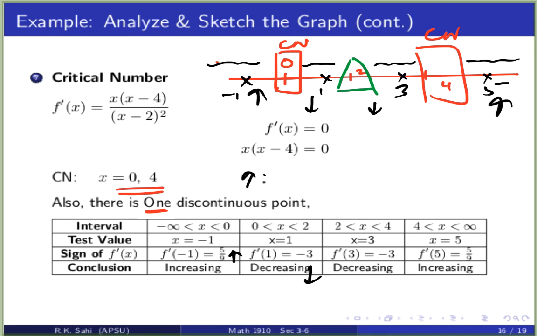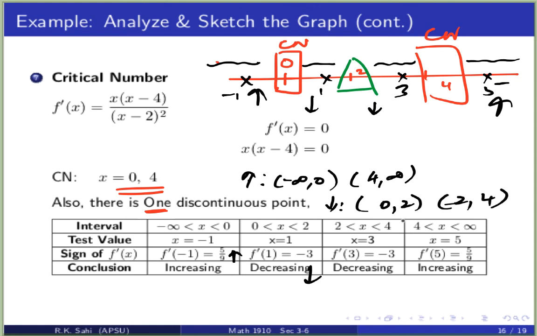So the intervals of increase are minus infinity to 0 and 4 to infinity. The intervals of decrease are 0 to 2 and 2 to 4. Remember, you cannot join them because 2 is a point of discontinuity, your vertical asymptote.